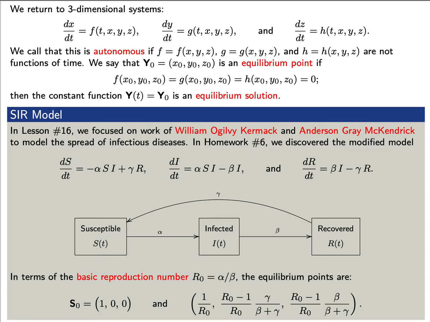You'll see here that in each of the boxes, we have a certain amount that is either leaving the box, moving to a different box, or this box is now being increased by a certain amount coming from a previous box. If we consider the basic reproduction number R0, which is alpha divided by beta, then we see that this three-dimensional system has exactly two equilibrium points.